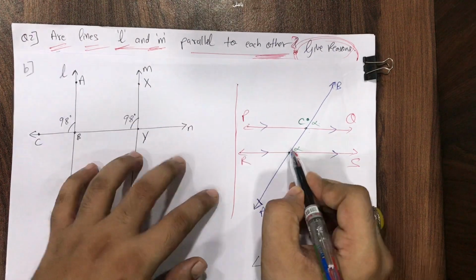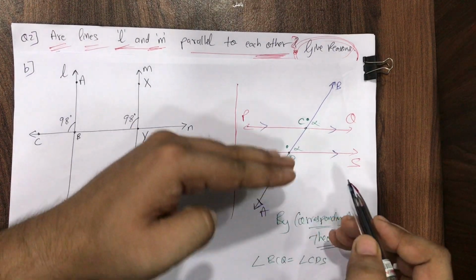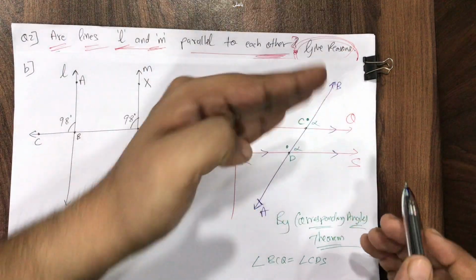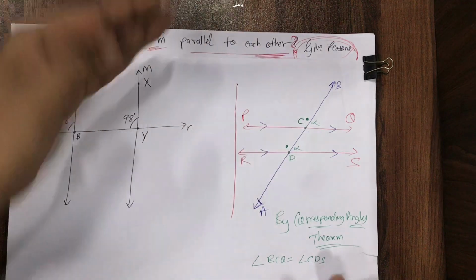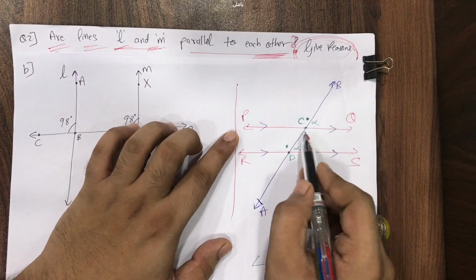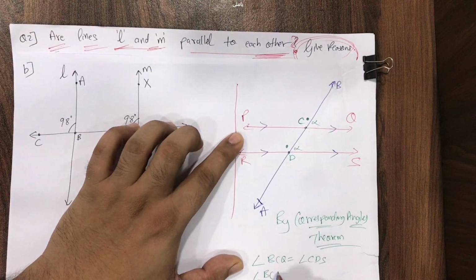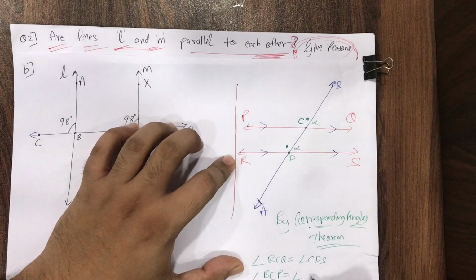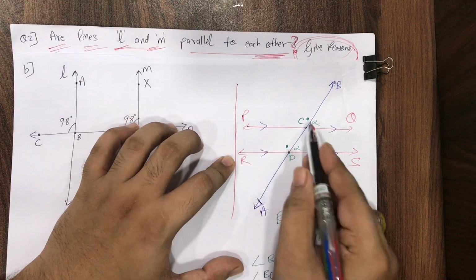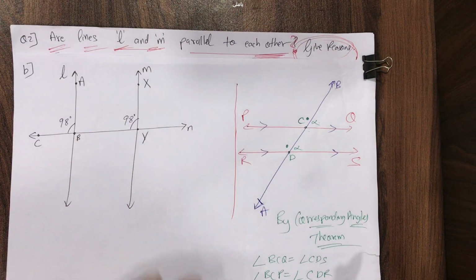Both are on the left and above the lines. The name of this is BCP. Angle BCP is equal to angle CDR, which we can also call RDC. These are corresponding angles.